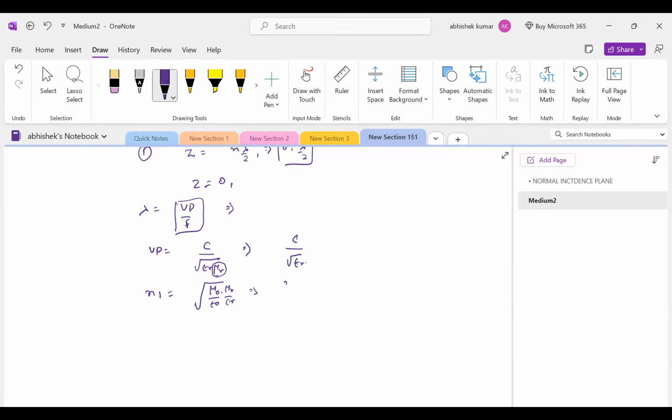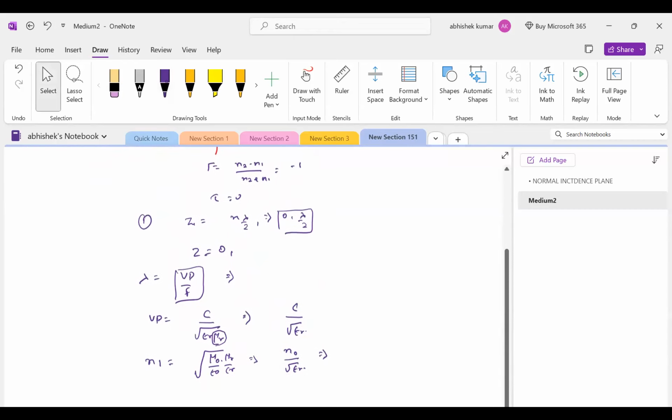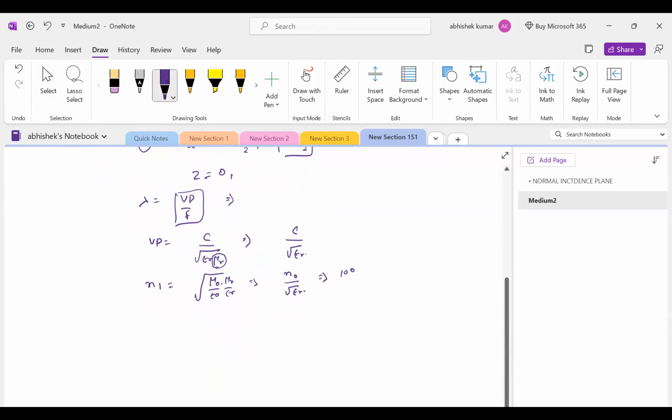Now for this one, if this is our formula, and that is given as 100 ohm, we can write it in this way: this is the N naught in free space divided by the square root of the permittivity of the medium.